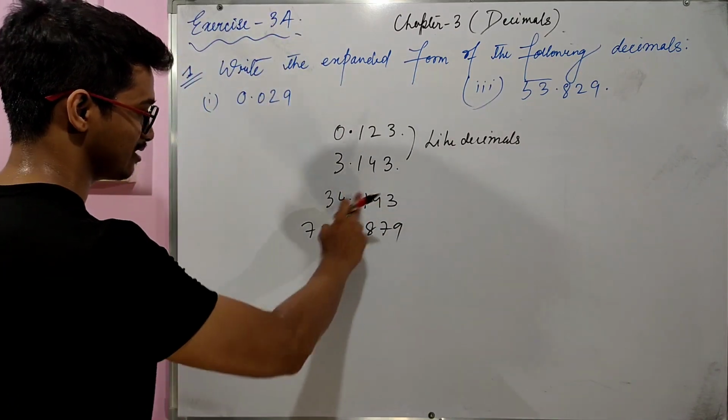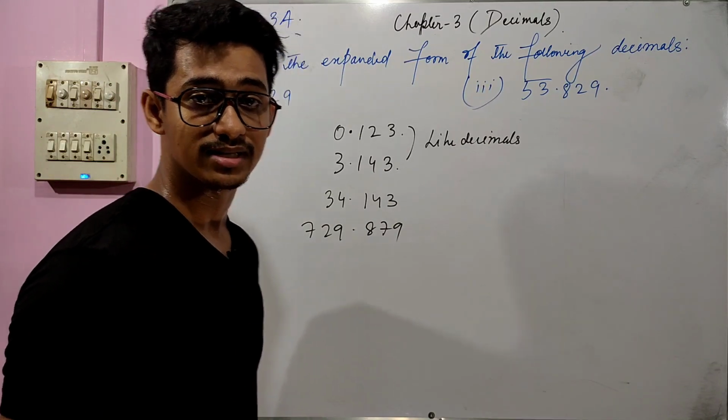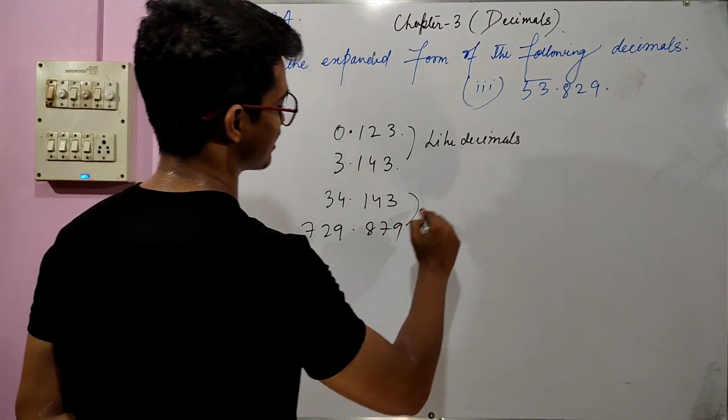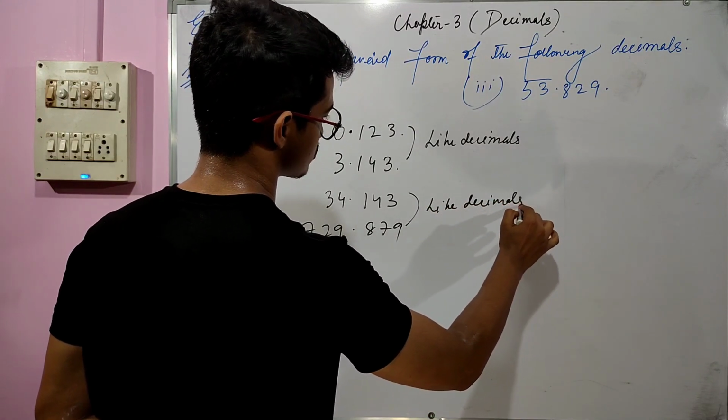Both numbers contain only 3 numbers after the decimal. So these two are like decimals, right?